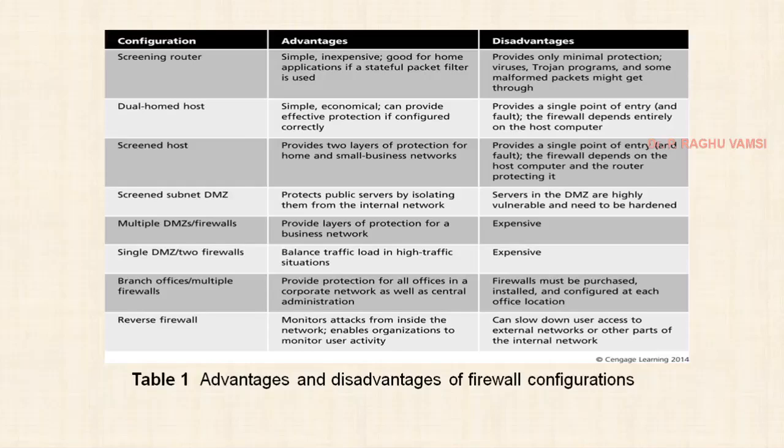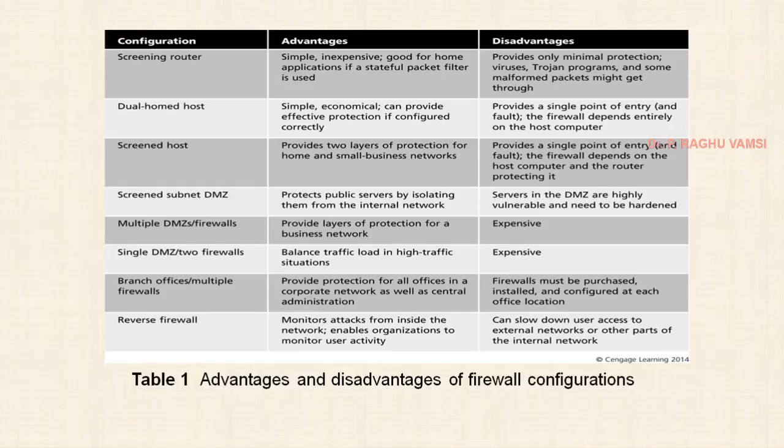Viruses, Trojan programs, and some malformed packets might get through this particular screening router. Dual-homed host: simple, economical, can provide effective protection if configured correctly. The disadvantage is that it provides a single point of entry, and sometimes may be a fault. The firewall depends entirely on the host computer.